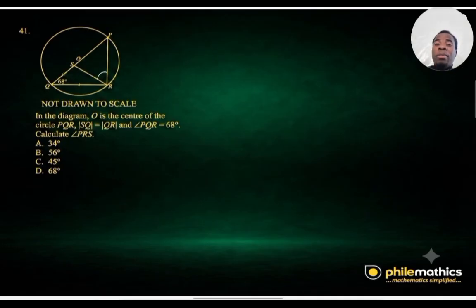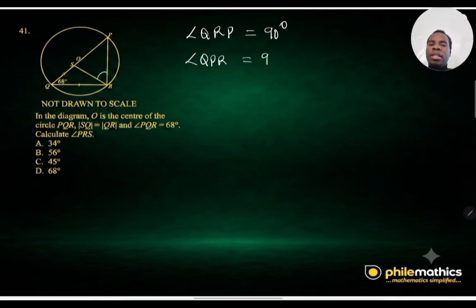Angle in a semicircle, if you remember, is a right angle. So if this is angle in a semicircle, then angle QRP is 90 degrees, and angle QPR will then be 90 minus 68 degrees, which is 32 degrees.